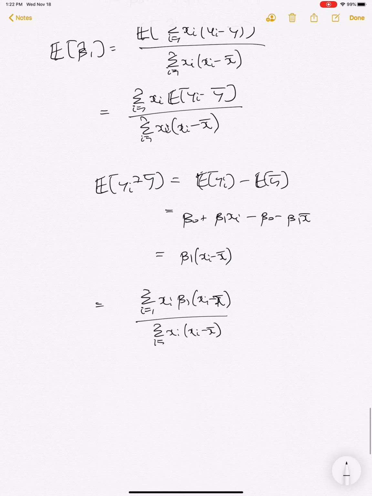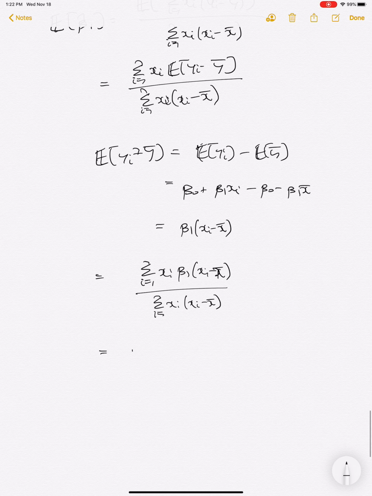And so you can clearly see after rearranging that this whole thing is just equal to beta 1. So we have that the expectation of beta hat 1 equals beta 1, and that the expectation of beta hat 0 equals beta 0.